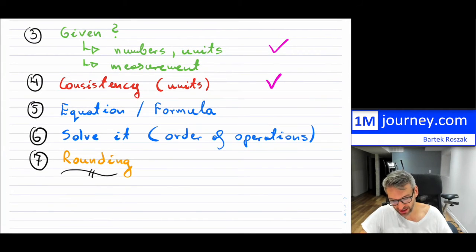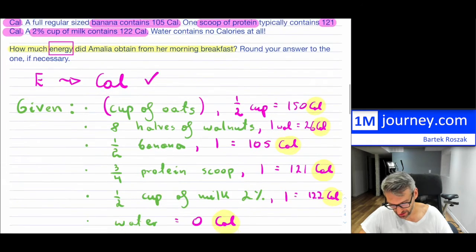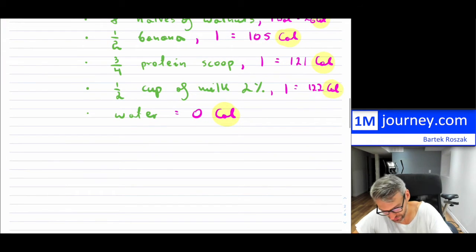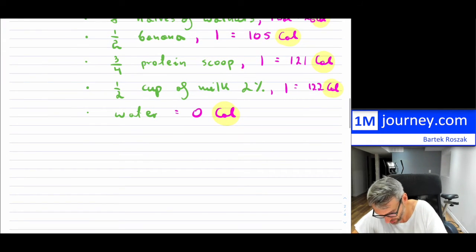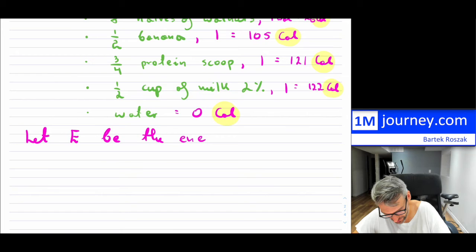Now we create an equation or some kind of a formula. Now for energy, typically what I might say is let E be the energy from the breakfast.